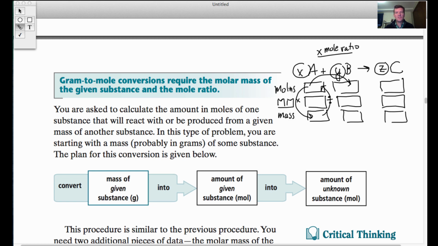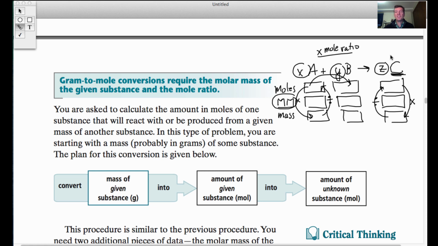Molar mass gets you between moles and mass in one column. So if I want to go from moles of species C down here to the mass, I would multiply by the molar mass of whatever C is. If I want to go the other direction, I would divide by the molar mass of whatever C is.